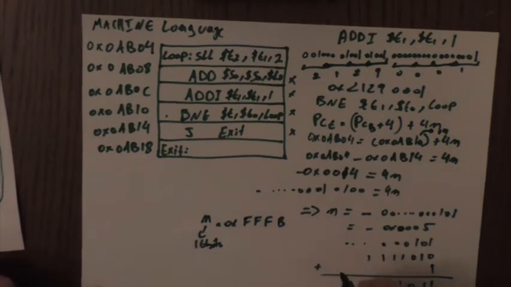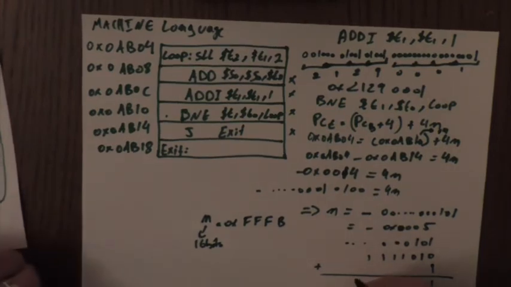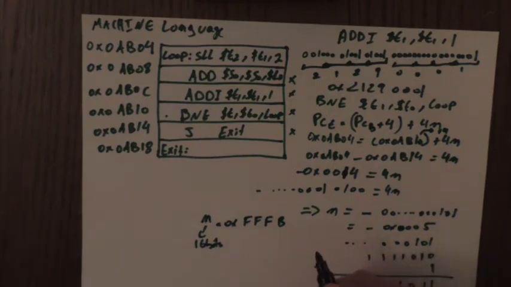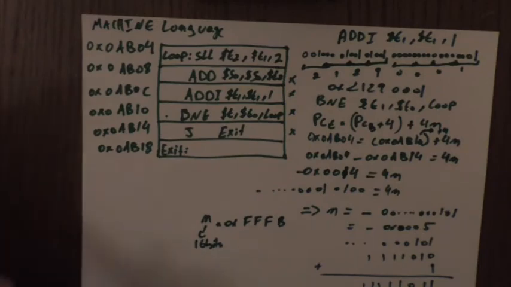Now to write this all in I format, we start with the branch not equal instruction. We go ahead and check the branch on not equal. It has 5 hex.